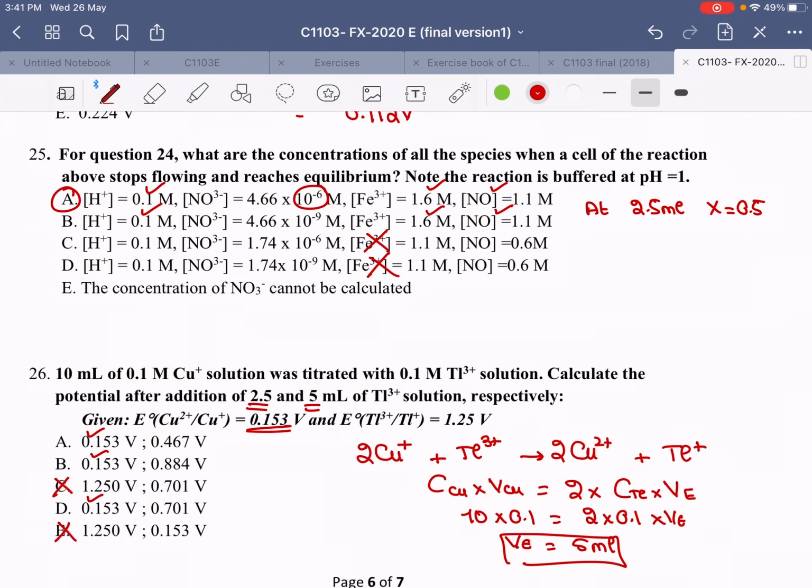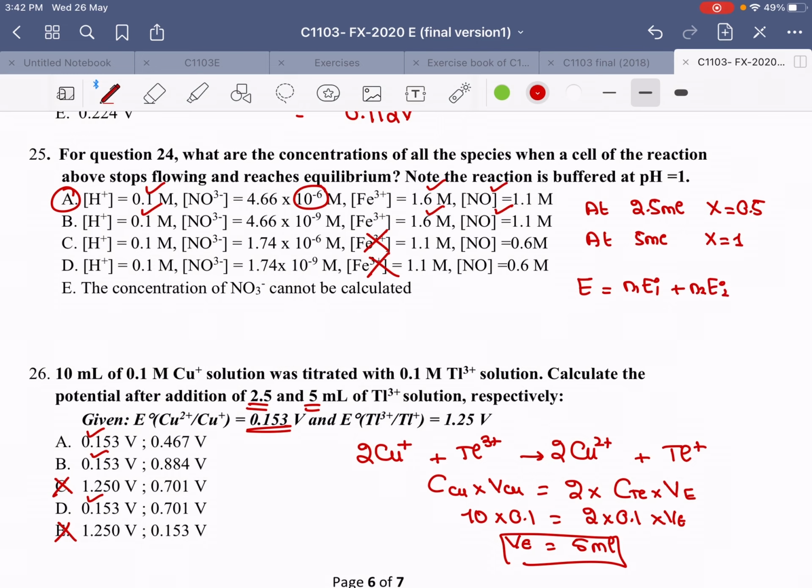At 5 milliliters, X equals 1. To find E at equivalence is very easy: E equals N1 E01 plus N2 E02 over N1 plus N2, because this is a simple system. In the end, 2 to 1, memorize it as a simple system, because you don't have any intruding factors.